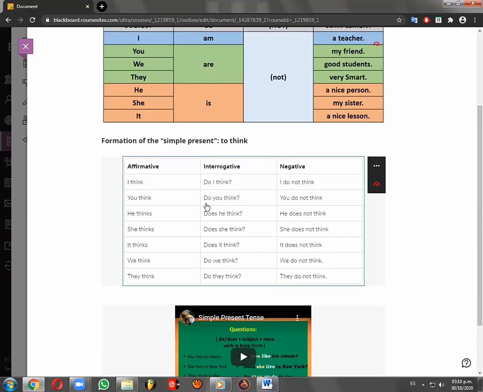For example, do you think or does he think? And the negative sentence: I do not think or I don't think. It doesn't matter. Or he does not think or he doesn't think.